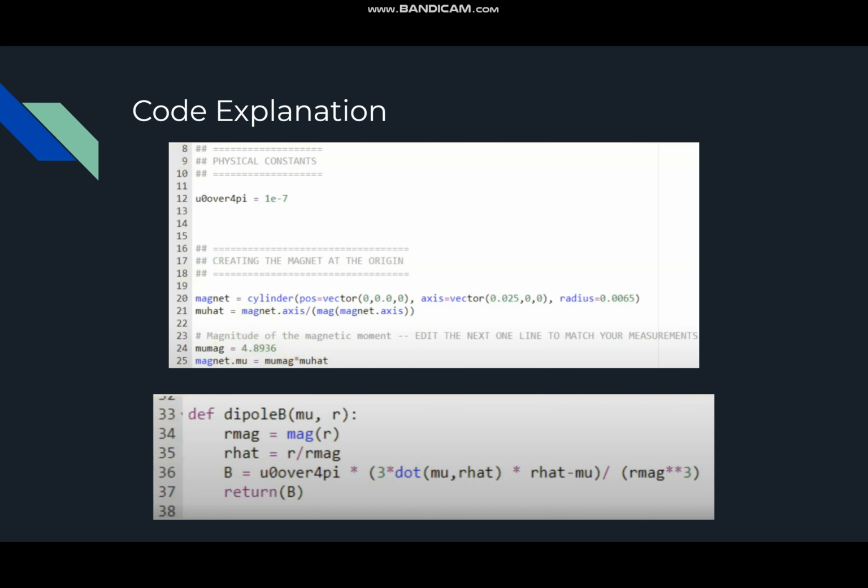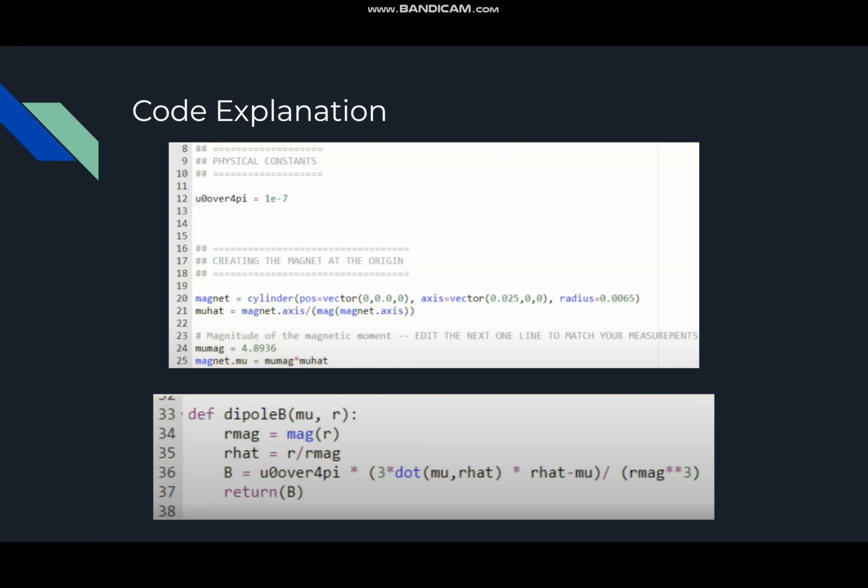And now this is where we get into the code. The first section of code you see towards the top is just me plugging in some physical constants. You can see I plugged in the number I got for mu, 4.8936. Towards the bottom you see a function that, given mu and your distance r, finds the magnetic field.